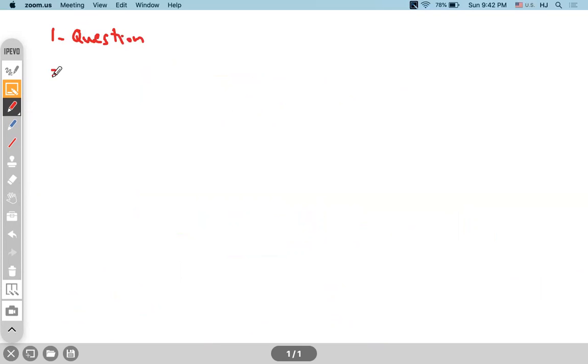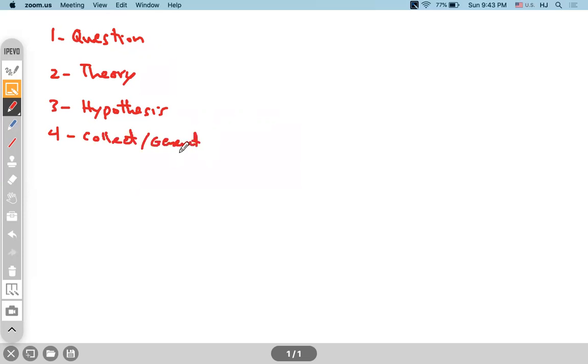And we have also, as we said, the theory, and we generate the hypothesis, and we come up with the data. We collect or generate the data, as we said. And number 5, we can do data pre-processing.